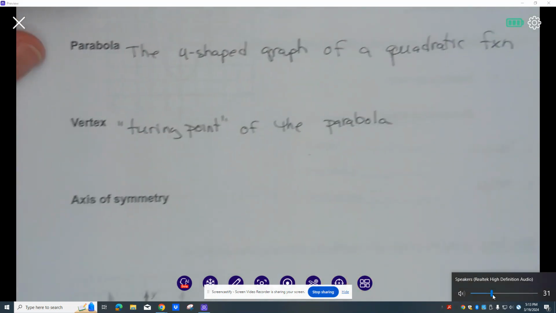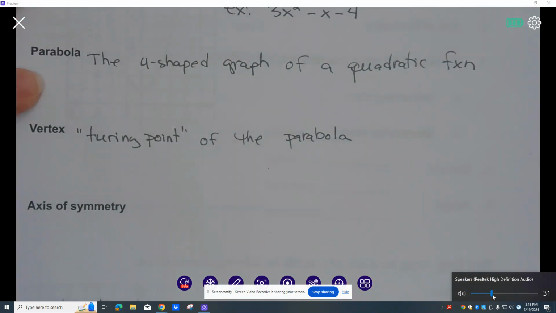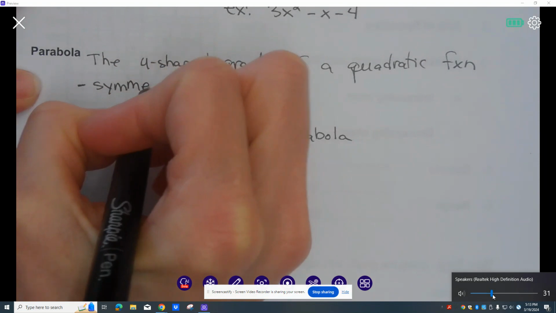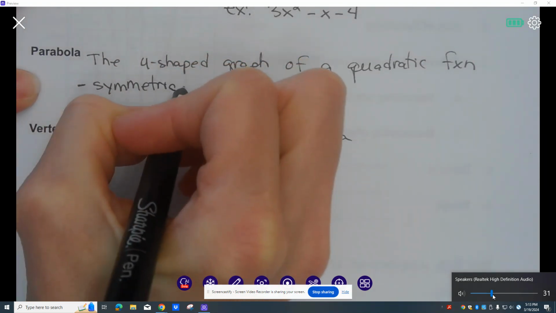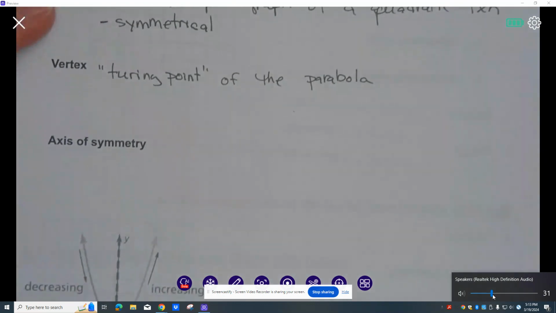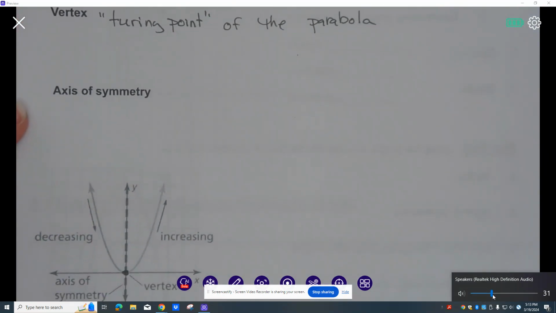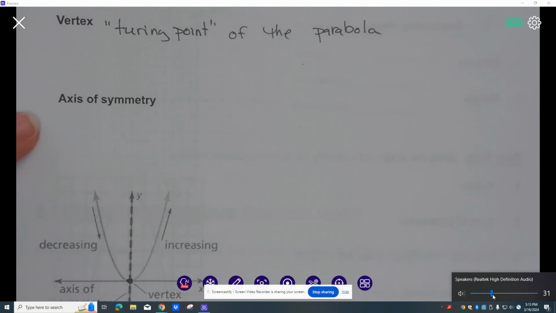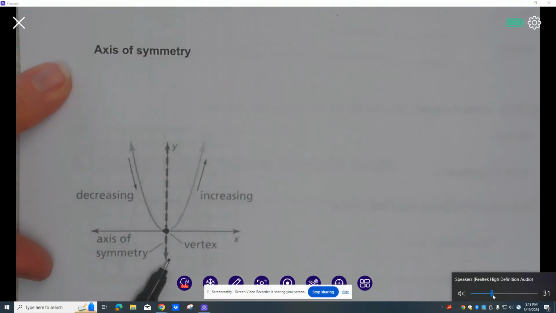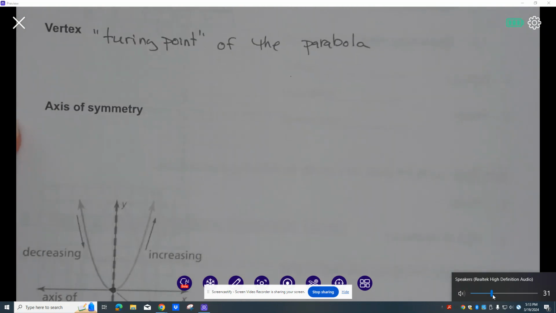One thing I'm going to have you add up here on the parabola is that parabolas are always symmetrical. So they are the same on the right as on the left. And the line that splits the parabola right down the middle, or in half, right here it's shown, is called the axis of symmetry.